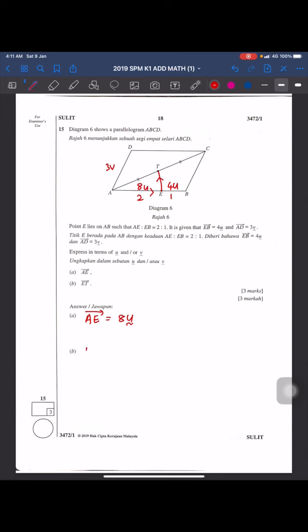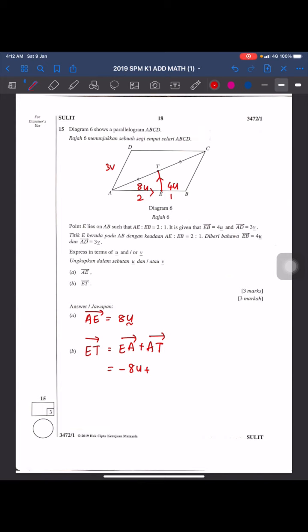So we know that ET is equals to EA plus AT. Okay, betul eh? Okay, so di sini we have AE. So basically EA just the opposite direction. So 8U.